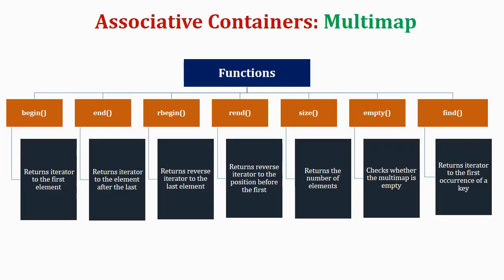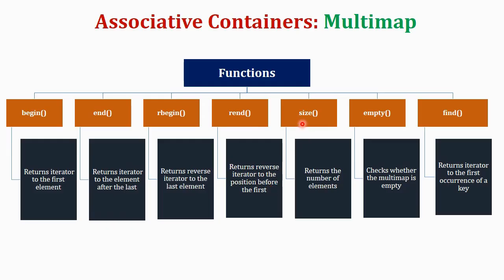Next, the functions associated with multimap. We'll discuss them one by one. First one is begin. It will return the iterator to the first element. End returns the iterator to the element after the last. rbegin returns the reverse iterator to the last element. rend returns the reverse iterator to the position before the first.